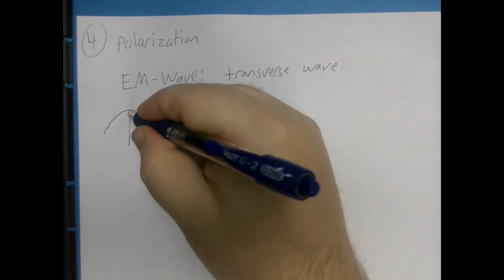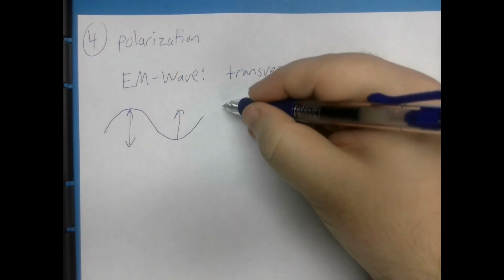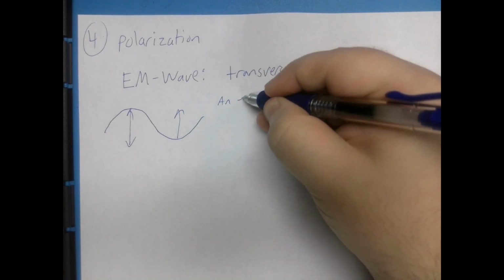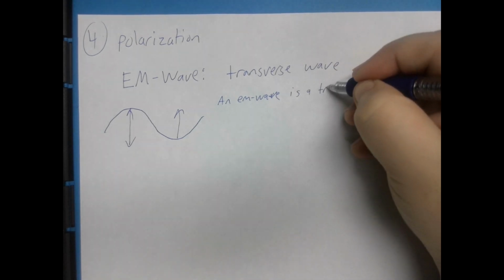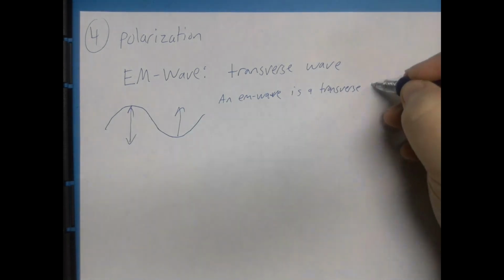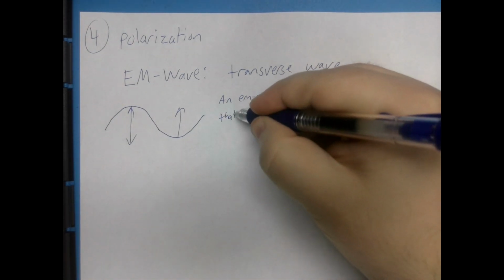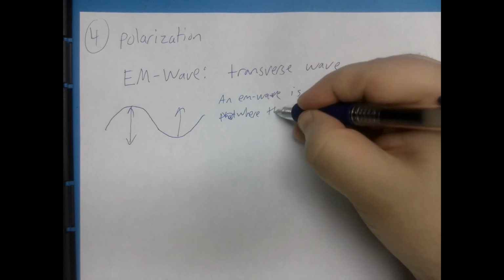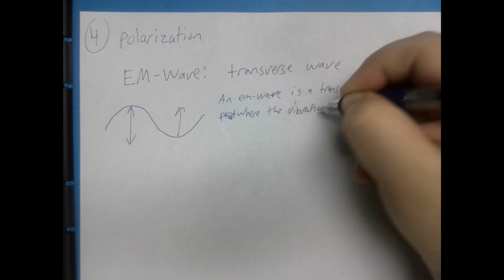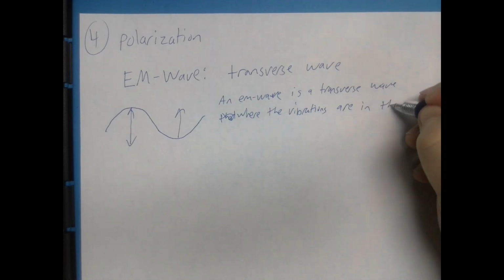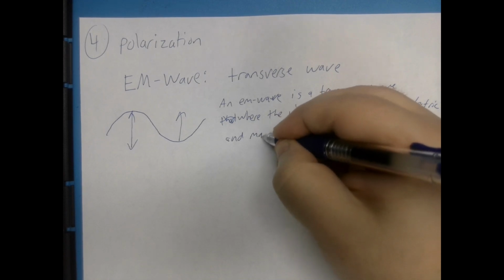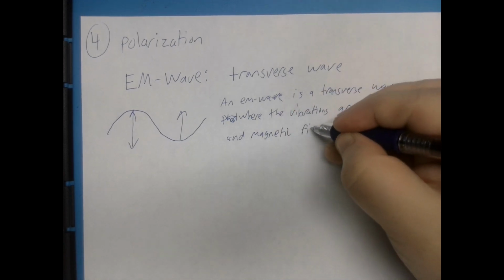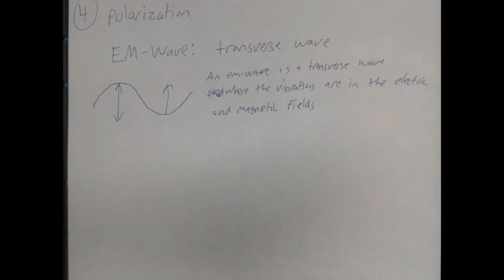So when we say it vibrates up and down, an electromagnetic wave is a transverse wave where the vibrations are in the electric and magnetic fields. So these electric fields, and I'm just looking at electric right now, are vibrating up and down.